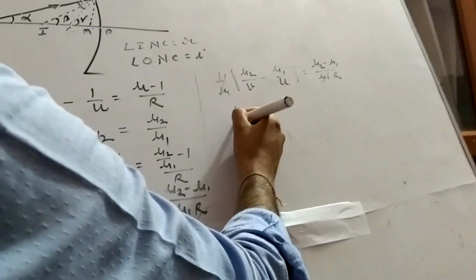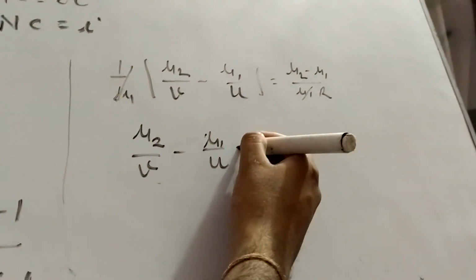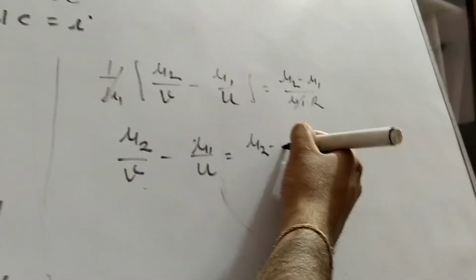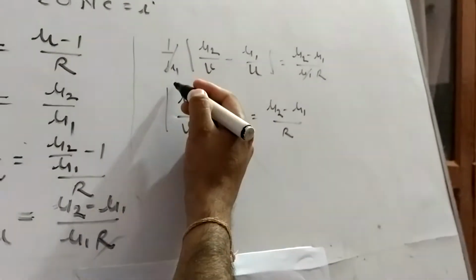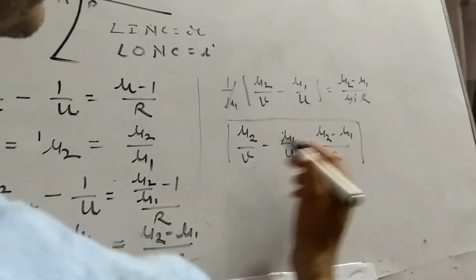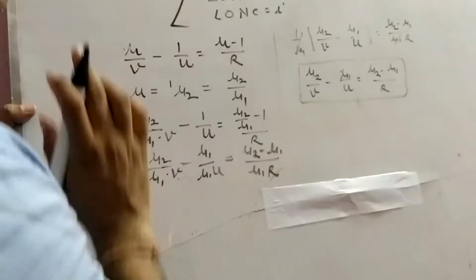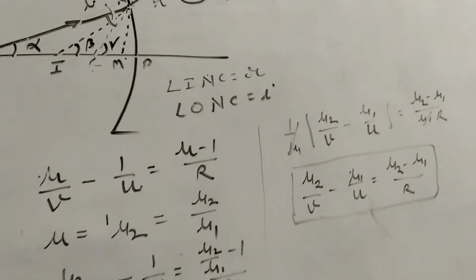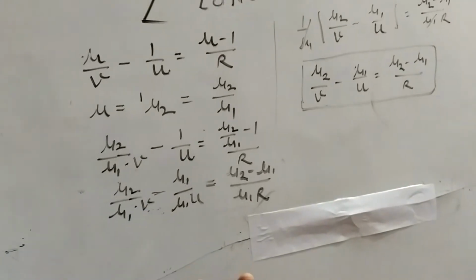So the formula is mu2 upon V minus mu1 upon U is equal to mu2 minus mu1 upon R. This is the surface formula for this surface, and we can similarly find the surface formula for a convex surface or every case.